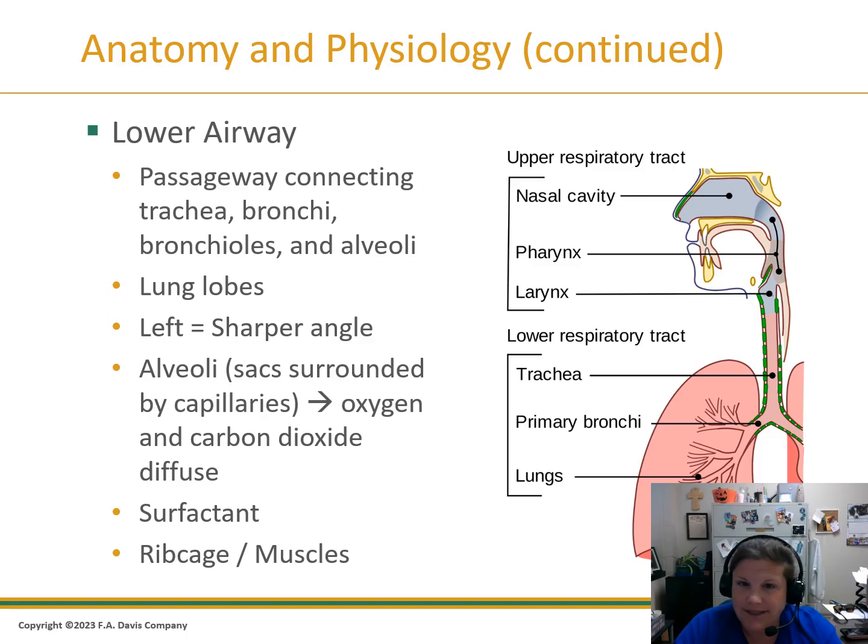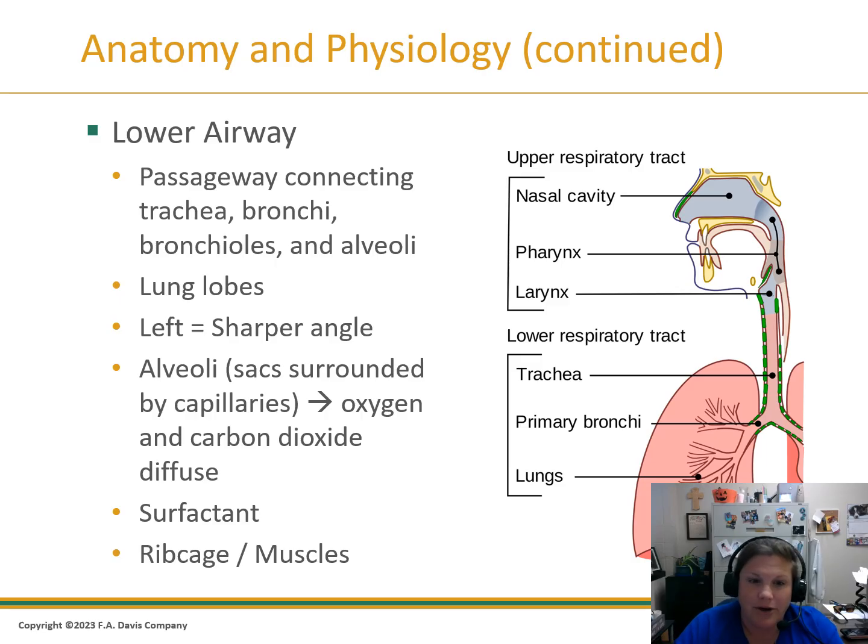So we already did talk about the lower airway in terms of what identifies it from the upper airway, but just as a recap, lower airway includes your bronchi, bronchioles, and alveoli, and then they typically group the trachea in with the lower airway, even though when we discussed upper, we said it was kind of the division between upper and lower.